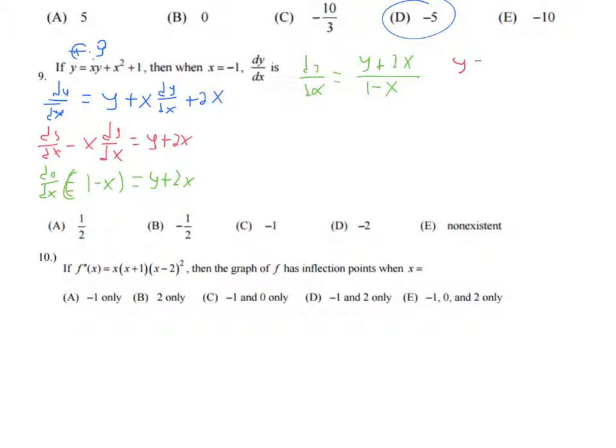Y equals, well, plugging in -1 for x, -y, plus 1, plus 1. -1 squared is 1. 2y equals 2. Y is equal to 1. So now the derivative at the point -1, 1 is equal to 1 minus 2 over 1 plus 1. So I plugged in -1 for x and +1 for y.